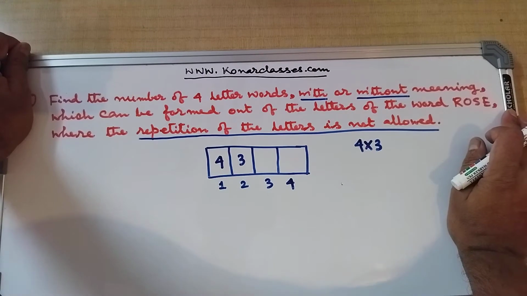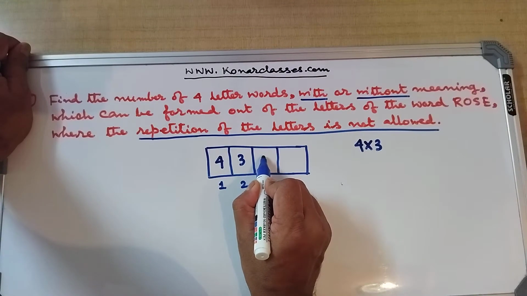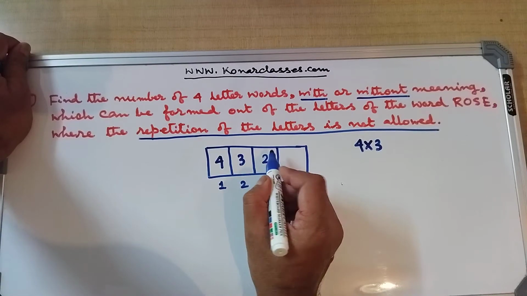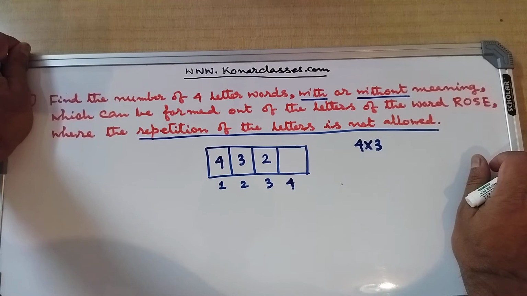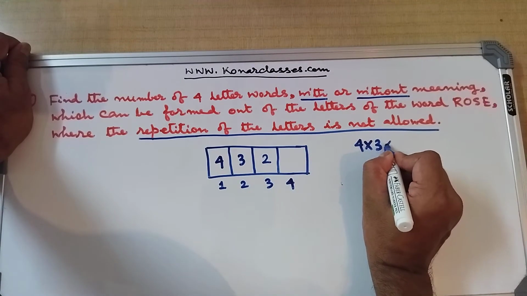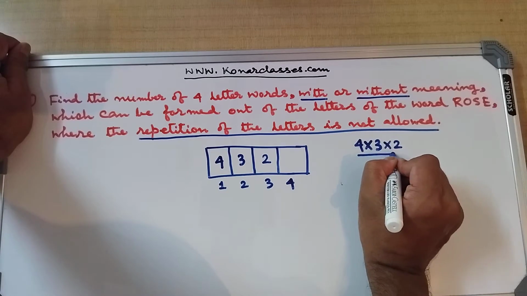That means there are 4 into 3 different ways the first 2 places can be filled up. Now when the first 2 places are filled up, the third position can be filled in two different ways because two letters are left. Why are only two letters left? Because the repetition is not allowed. I will explain after some time what happens if we allow repetition. So here we get 4 into 3 into 2 ways for the first three places.